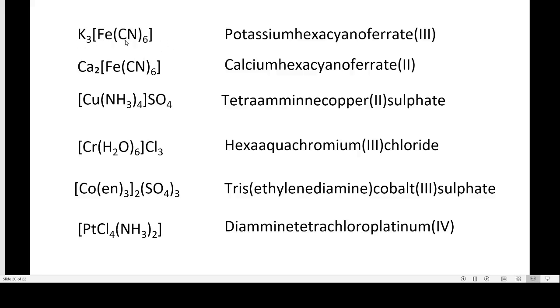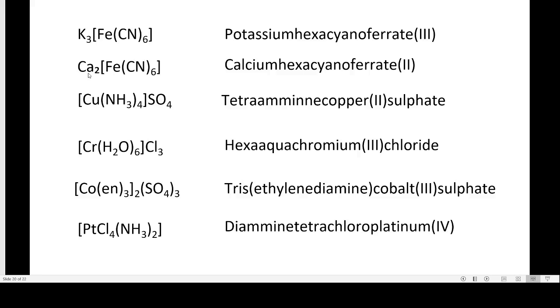So K3[Fe(CN)6], it is an anionic complex. That is, the complex will carry negative charge. So the cation is potassium. So the cation is named first. So potassium hexacyanoferrate 3. In the second example, it is calcium.